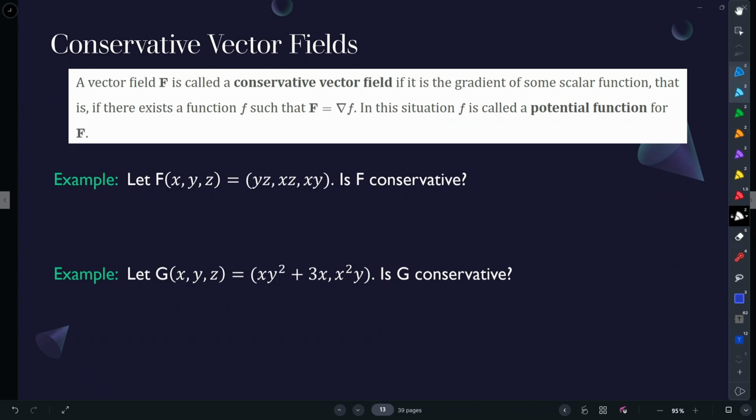We've just determined that the first one is conservative, because if you take f to be xyz, then the gradient is precisely the vector field they're giving me. So now, is G conservative?